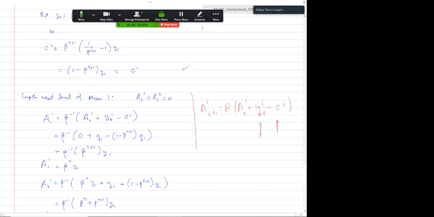I know YT, I know A0I, and I'm going to solve this equation sequentially, one step at a time for T equals 1, 2, 3, solving for ATI for T greater than or equal to 0.